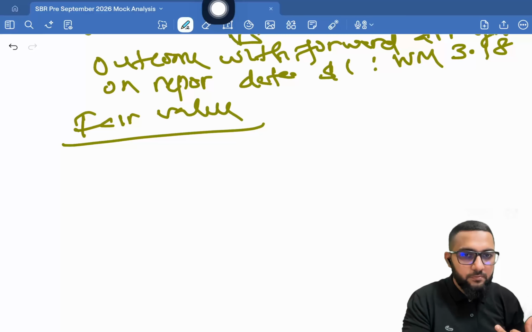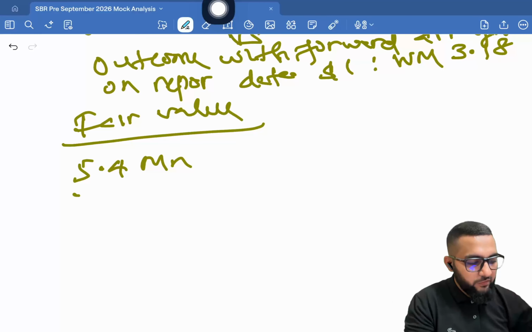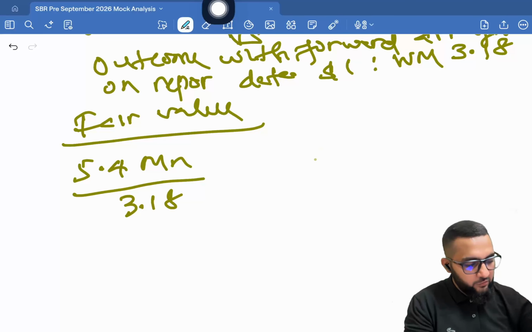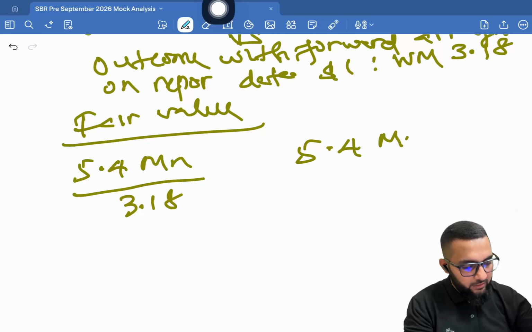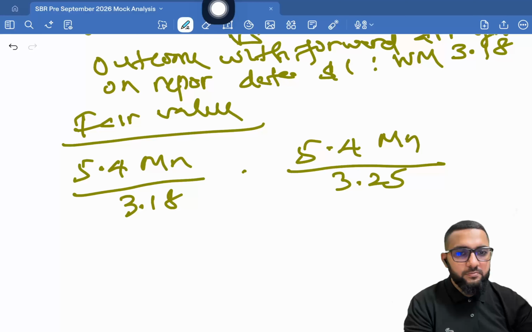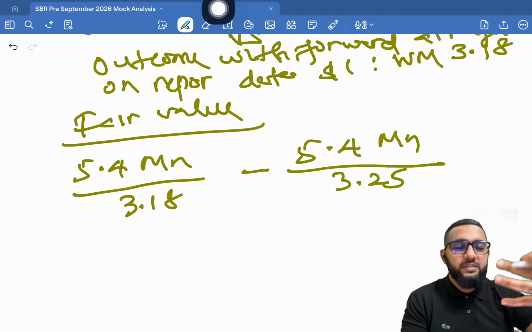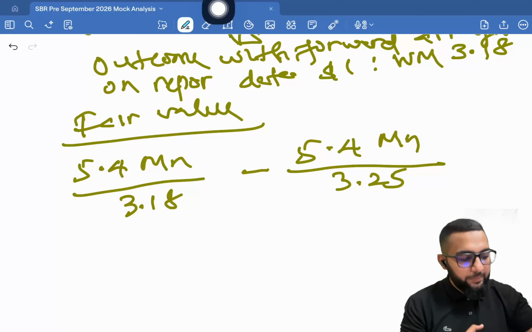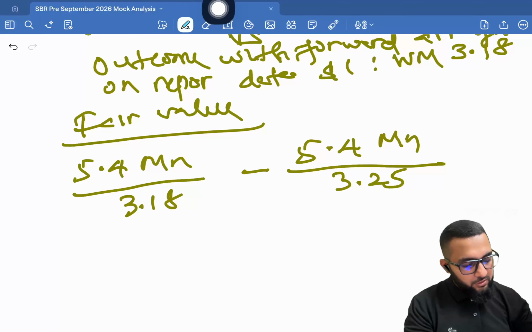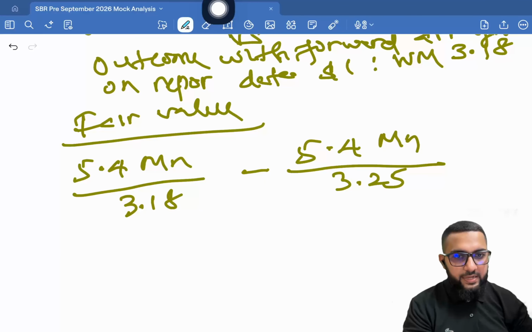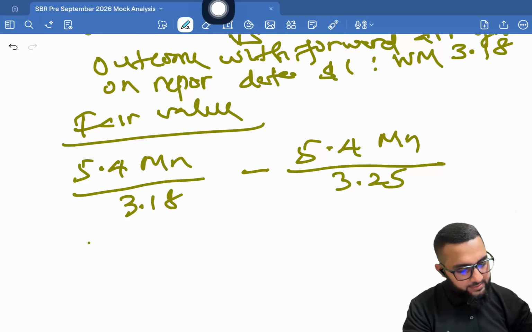So 5.4 million divided by 3.18 versus 5.4 million divided by 3.25. That would give rise to either an asset or a liability. In this case, it is a contract asset.